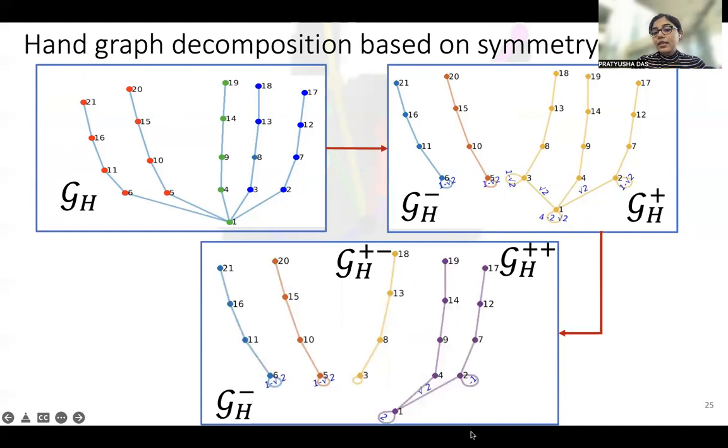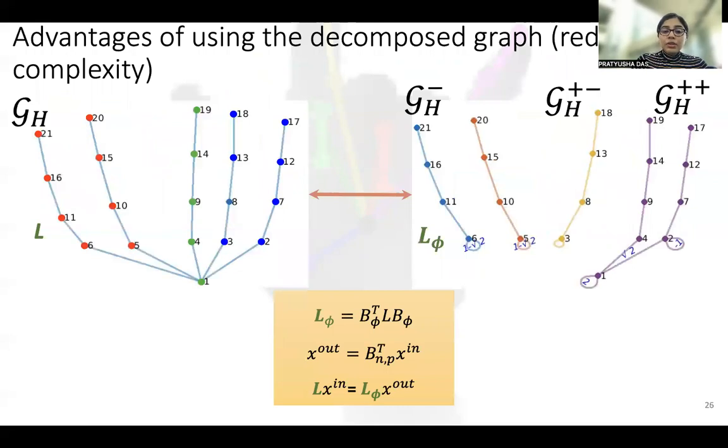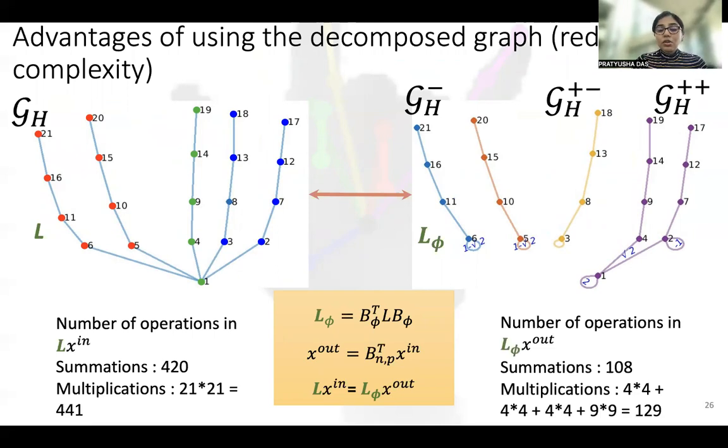And this is the final decomposed smaller subgraph. And they have equivalent GFTs. Now, the equivalence of their GFT or the Laplacian matrix is related using this equation, and computation with this Laplacian matrix is also less complex. So the number of summations and multiplications, if you use this L5, will be much lesser.